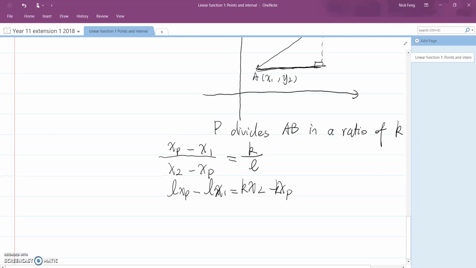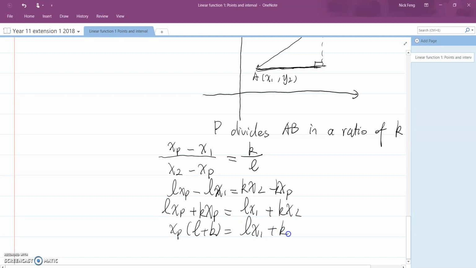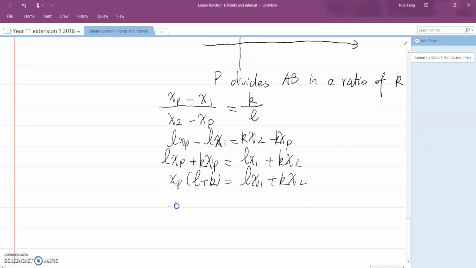Remember, xp is our subject. Put it on the left hand side. So l xp plus k xp equals to l x1 plus k x2. Taking xp as a common factor out, l plus k equals to this, and therefore xp equals to l x1 plus k x2 over l plus k.